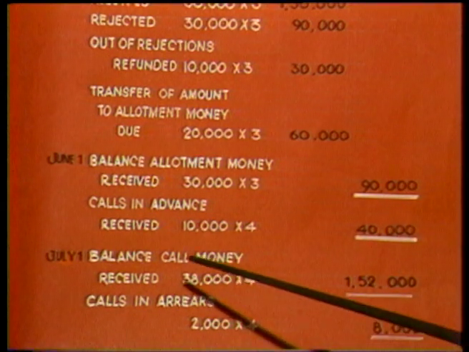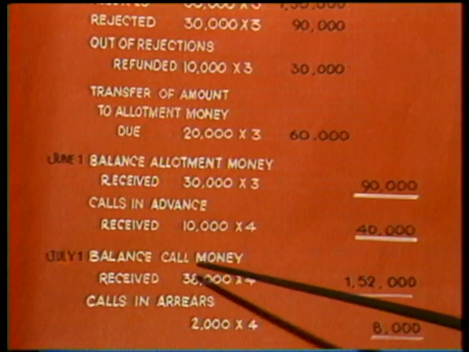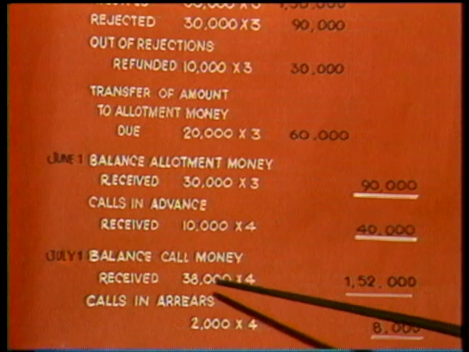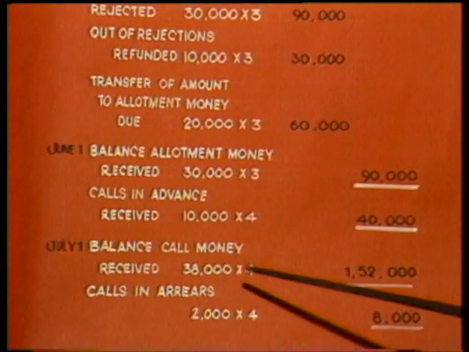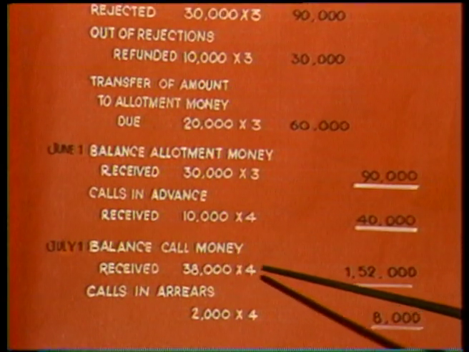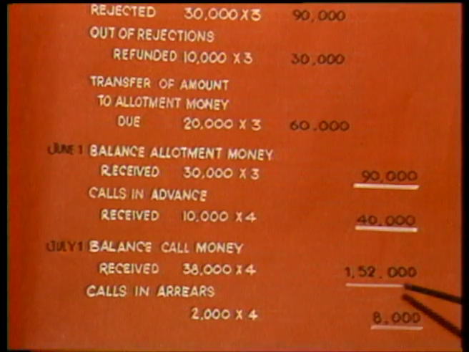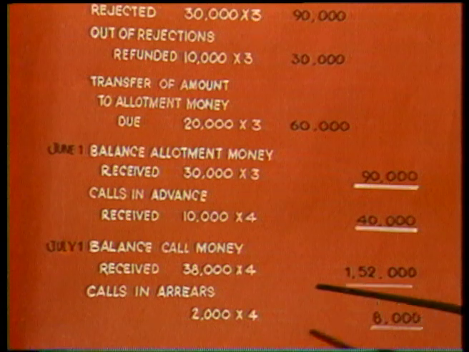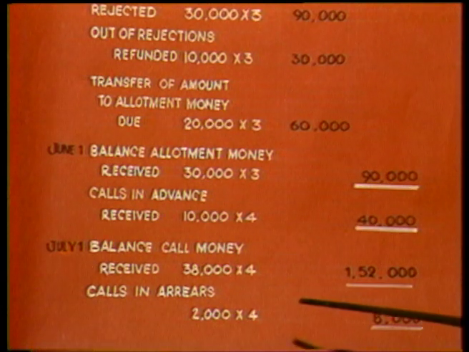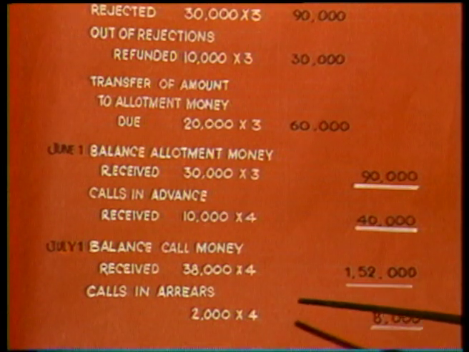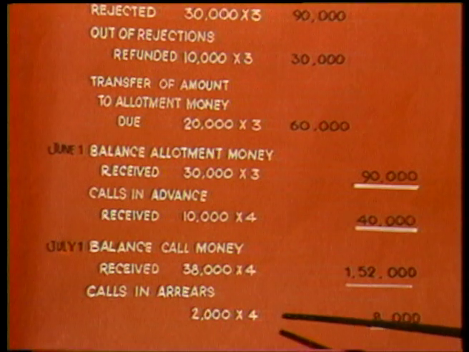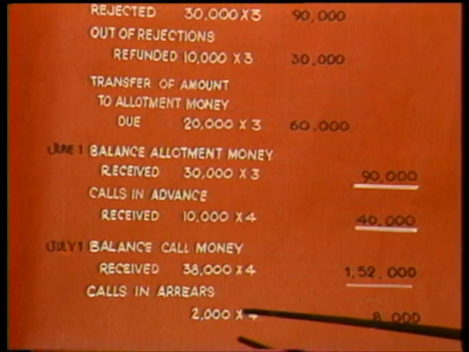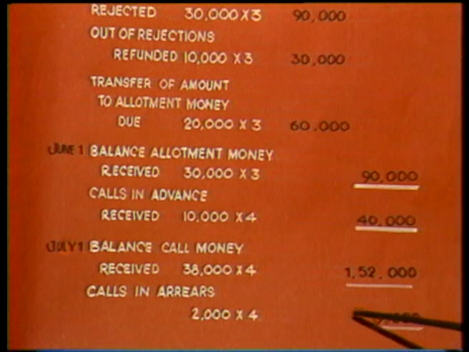On 1st July, we received the balance call money on 38,000 shares at rupees 4 per share, amounting to rupees 1,52,000. And on 2,000 shares, we did not receive the call money that was due at 4 rupees per share, showing thereby the calls in arrears of rupees 8,000.